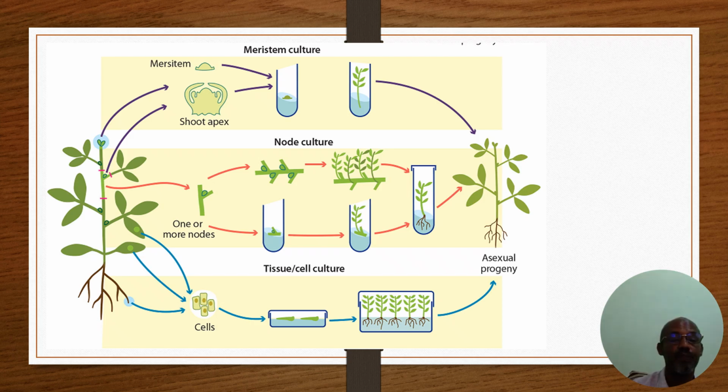The other is, of course, you can take from the stem, you can take from the leaf, even you can take from the root, and sample cells are taken from the leaf, from the stem, from the root, and grown to give rise to the whole plant.